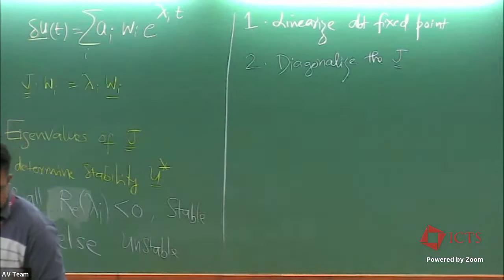So that is the general procedure, and that's the thing that you should keep in mind. And the same procedure will go through for PDE systems. The trick will be to understand what you mean by diagonalizing J. If it's marginally stable, you can't say anything at the linear level. You'll have to go to a higher level.